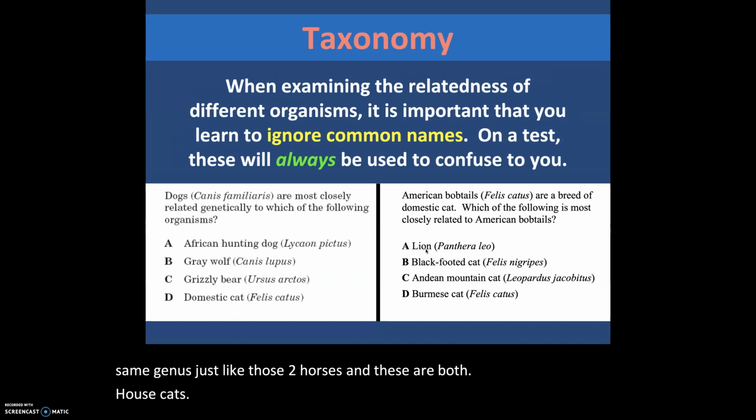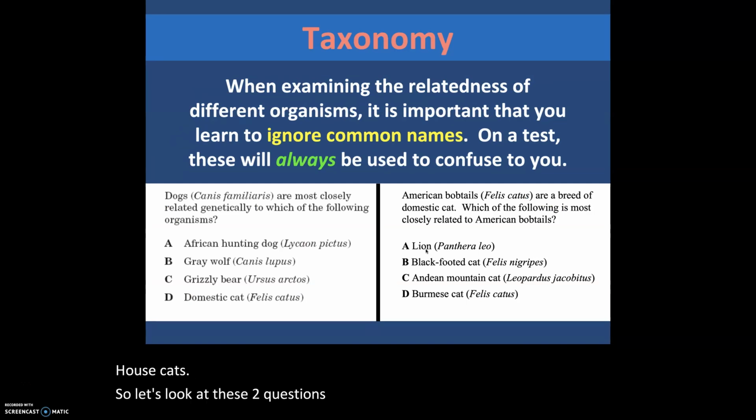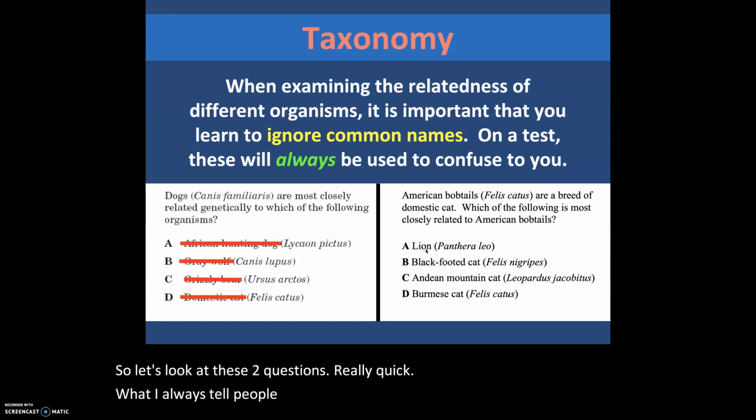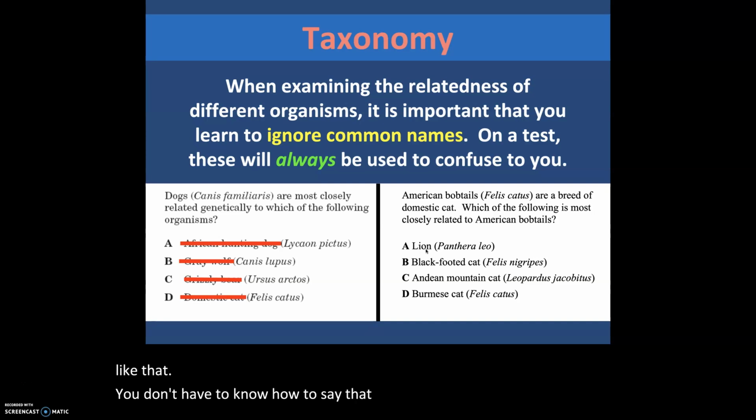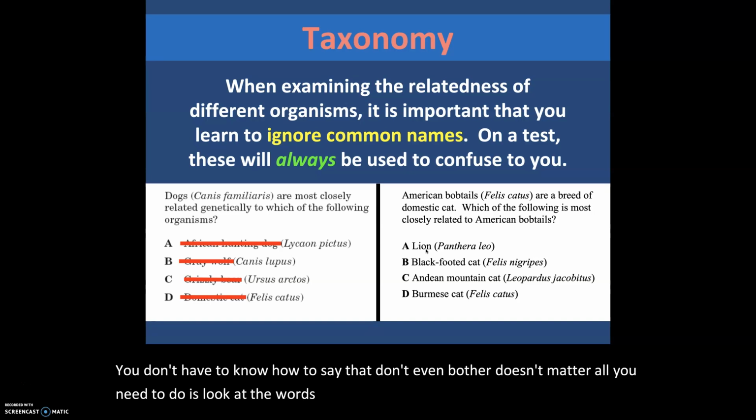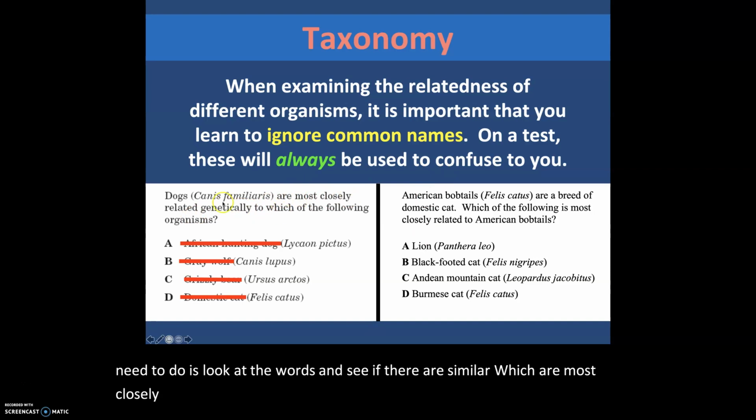So let's look at these two questions really quick. What I always tell people is that word right there, that Canis familiaris, and things like that, you don't have to know how to say that. Don't even bother. It doesn't matter. All you need to do is look at the words and see if they're similar. So, which are most closely related genetically, right?